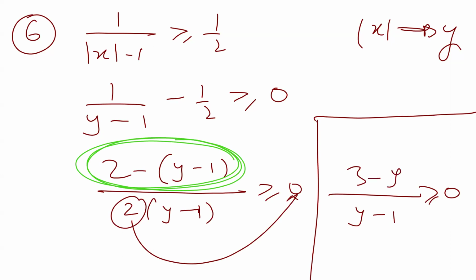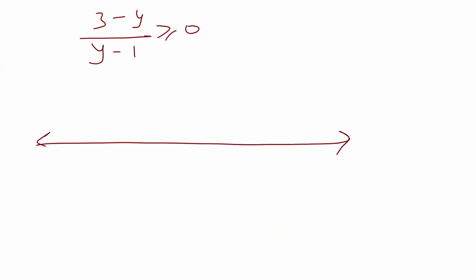So 3 minus y upon y minus 1 is greater than or equal to 0. Now this part is pretty simple. You know this. So this is 1, this is 3, critical values. Equate each and every term to 0, you'll get the critical value.